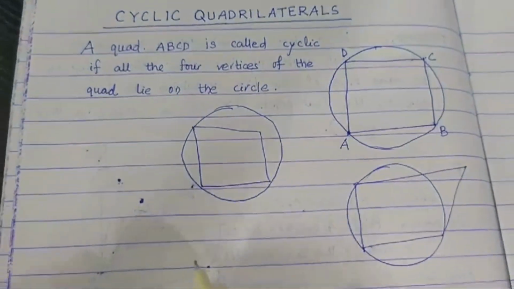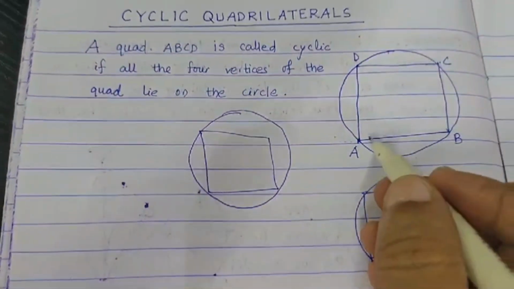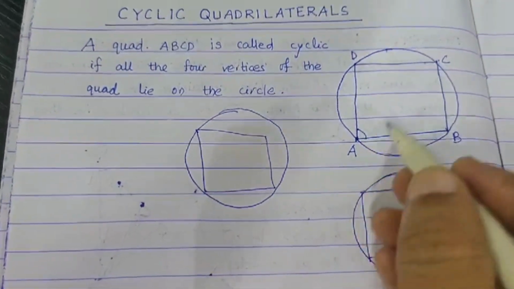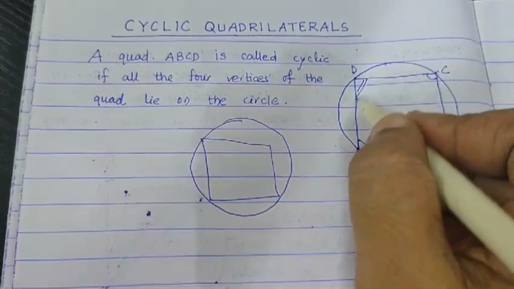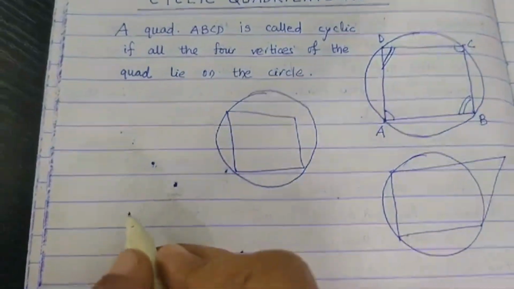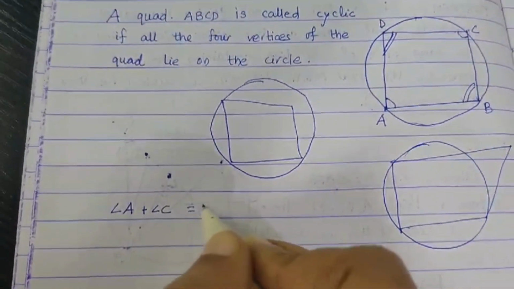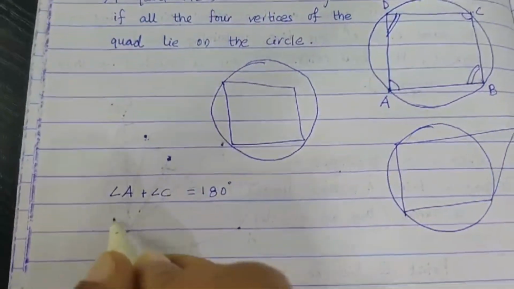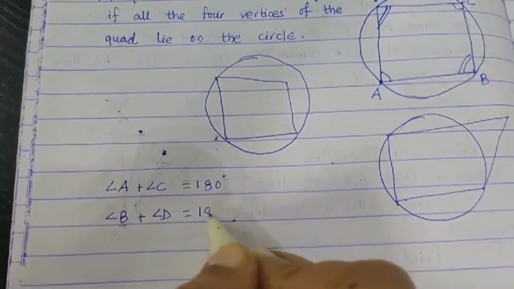A very important, very unique property of the cyclic quadrilaterals is that the opposite pairs of angles make 180 degrees. So angle A plus angle C is equal to 180 degrees. Also angle B plus angle D is equal to 180 degrees.